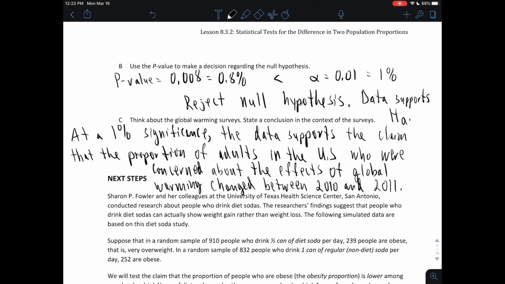We were talking about in the alternative hypothesis that those two proportions would be different, which means there has to be some change between 2010 and 2011.